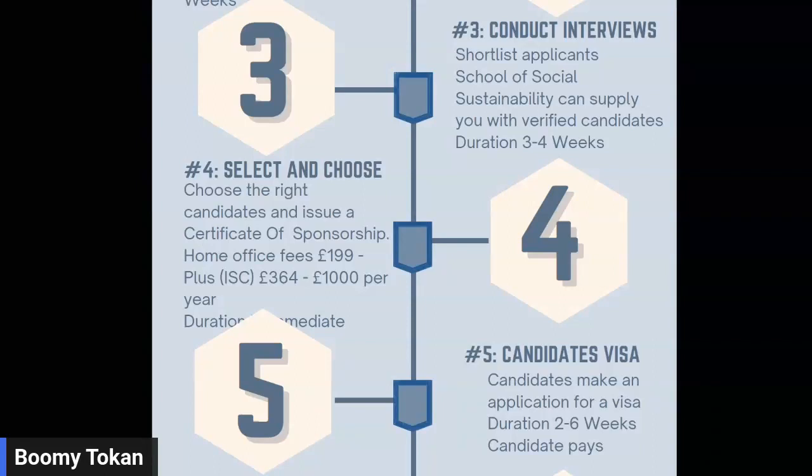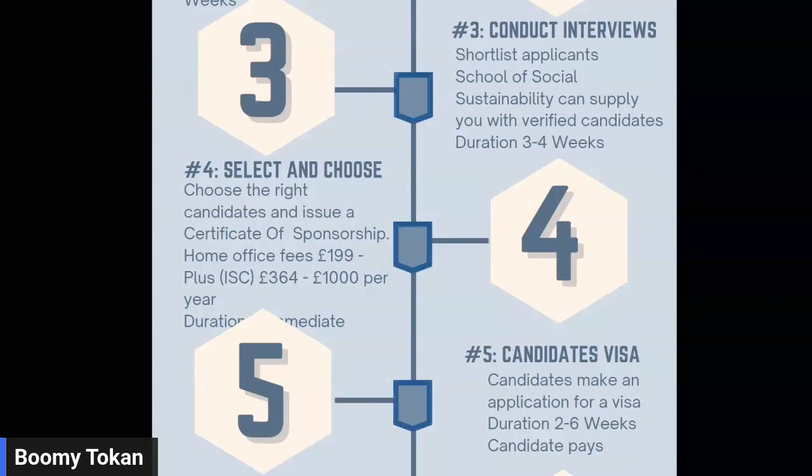Without a certificate of sponsorship, they cannot extend their visa, change their visa, or even get a visa. So that certificate of sponsorship ties in with the allocations and ties in with your original sponsorship license. It is because you have a sponsorship license that you can issue a certificate of sponsorship. And that certificate of sponsorship is issued to each individual teacher that you want to employ.